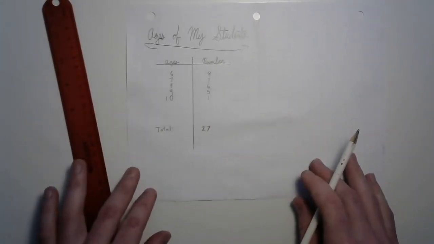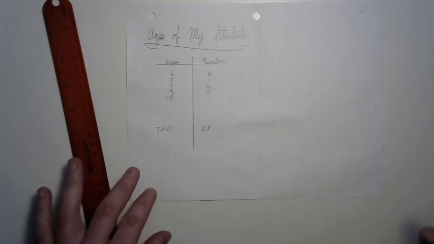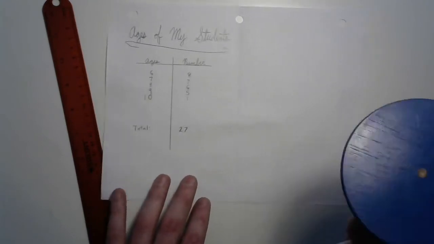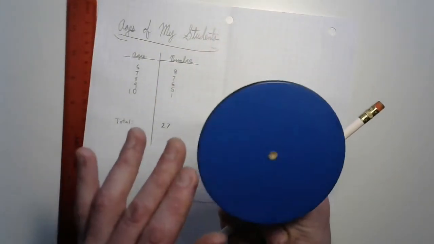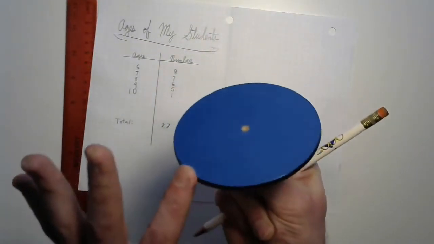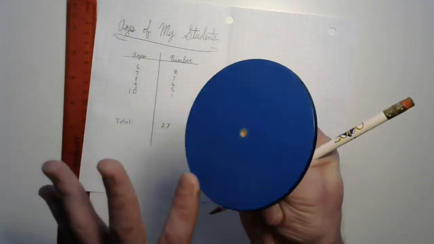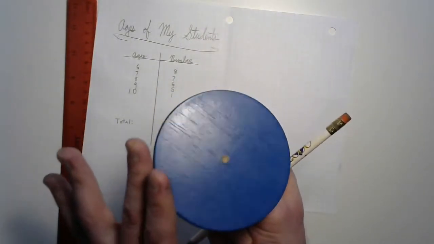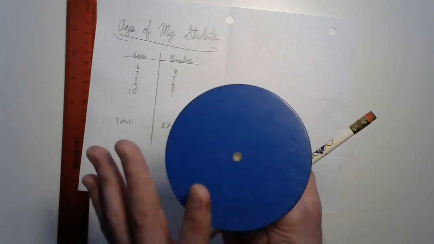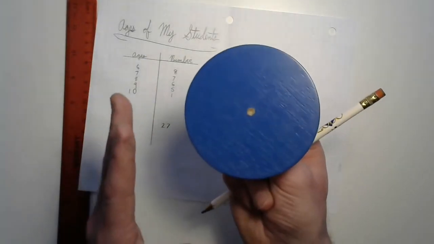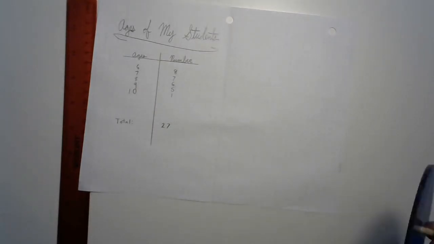Okay, 27. Now, this is going to take some imagination because this circle, you want to think of it now as being split up into 27 pieces. Each of those pieces is a student. When we put those pieces together into slices, that's when you start to see this pie come together.